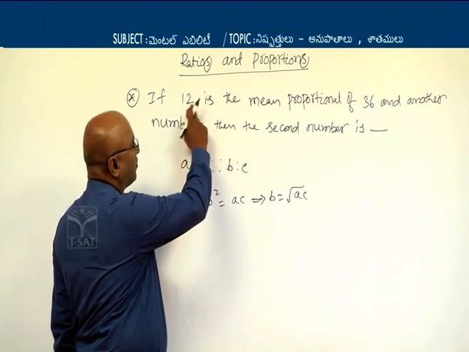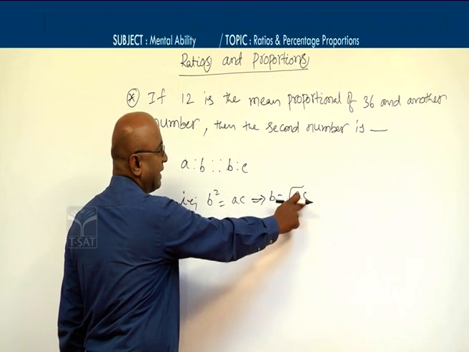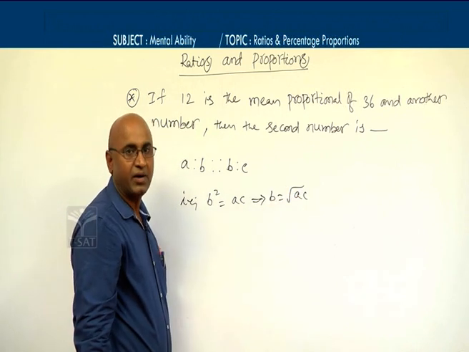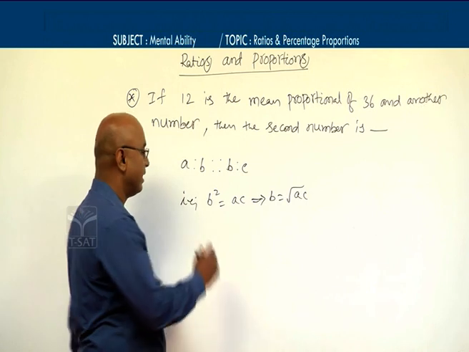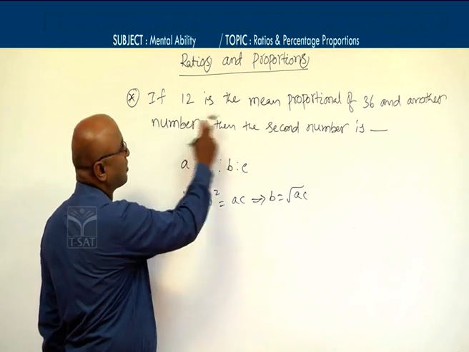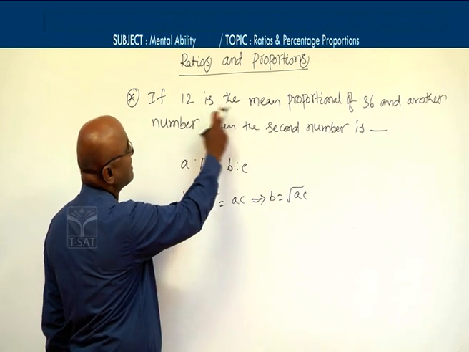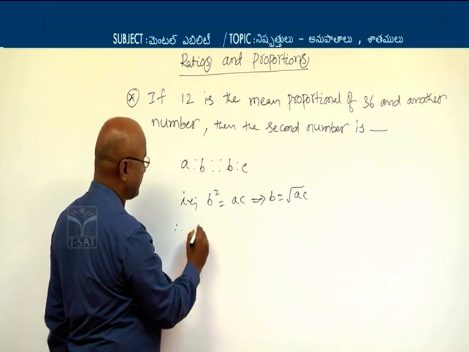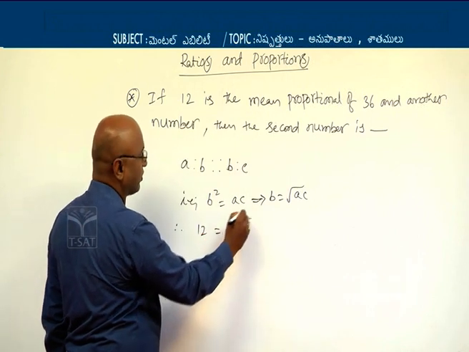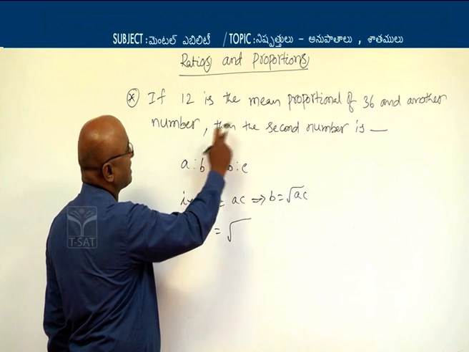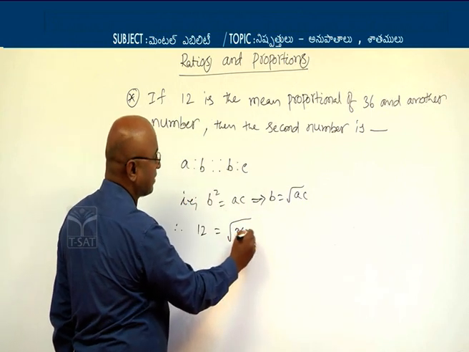Here in the problem, only A is given and C is not given. Then we have to find out the second number. Therefore, if 12 is the mean proportional, 12 is equal to square root of A, where one number is given as 36 and the other number C is not given.